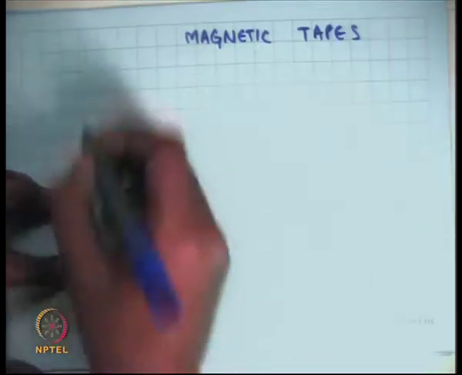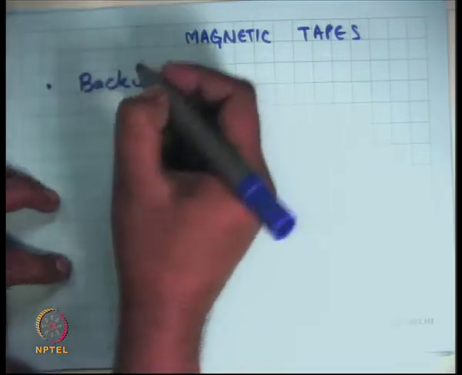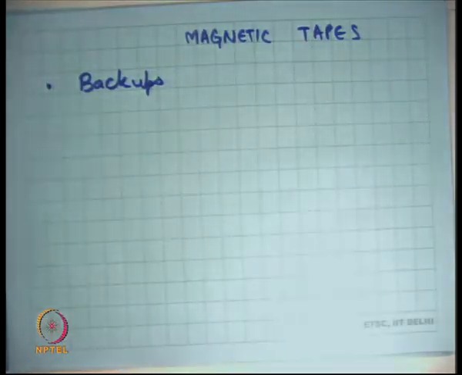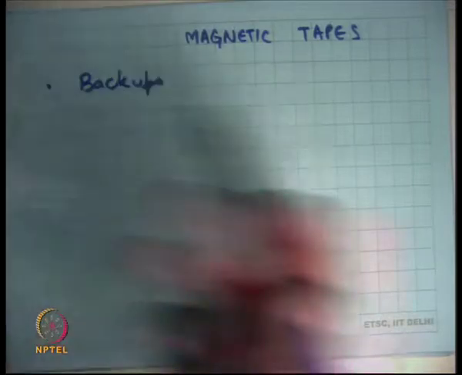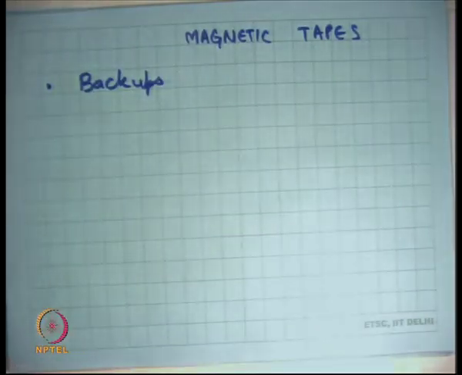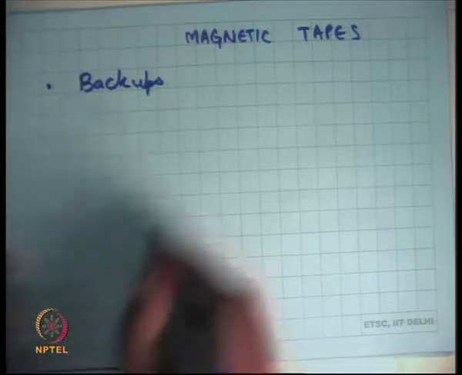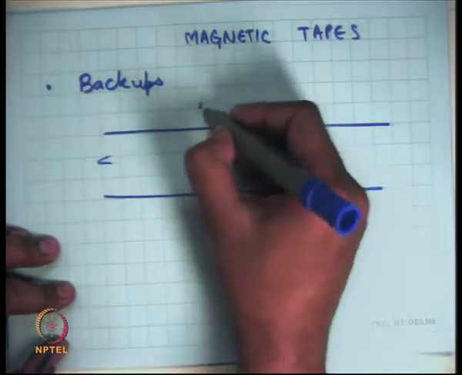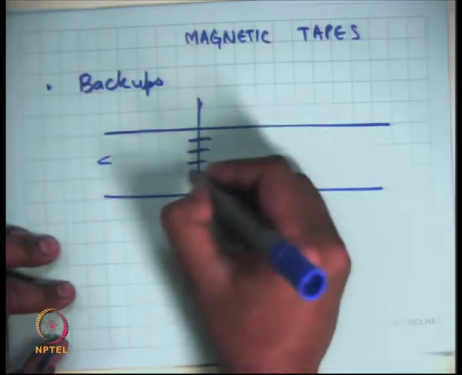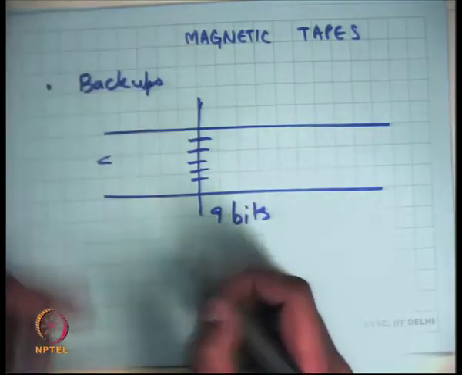Right. So magnetic tapes were used a lot for backups till maybe the early 90s or even the late 90s, but not so much today. Today people use disks for backups instead of tapes, and the reason people used magnetic tapes earlier was that tapes were much cheaper at that time than disks, right. So let's see how a tape works. Let's say this is a tape, then it has 9 bits of storage in one cross section.